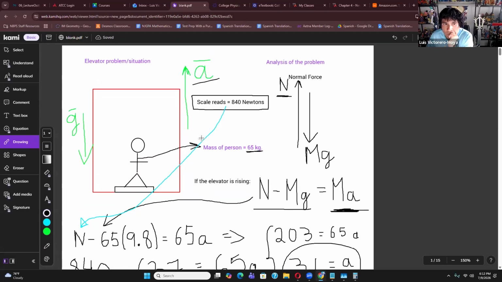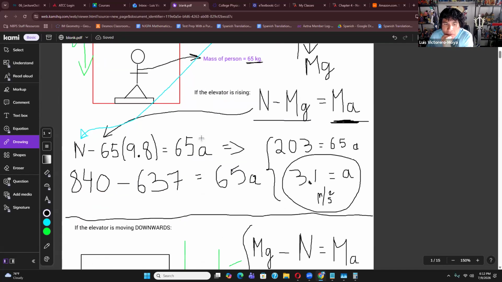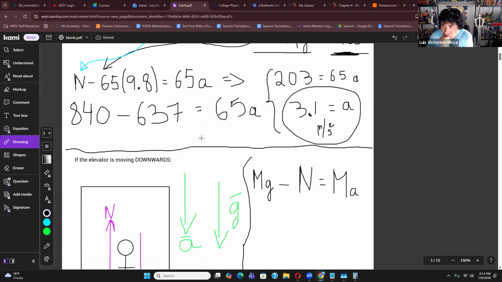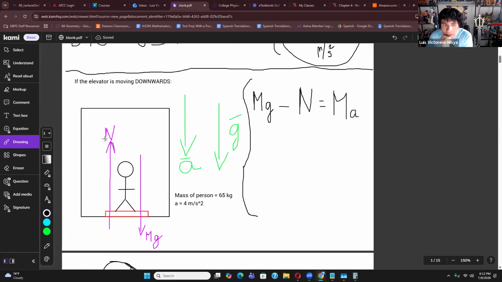An elevator going up. What happens if the elevator is moving downwards? Logically, we have the same forces acting on the person: normal and mg, that's the scale there. The mass is the same, but now they give you the acceleration. They tell you that it's going down at 4 meters per second squared.